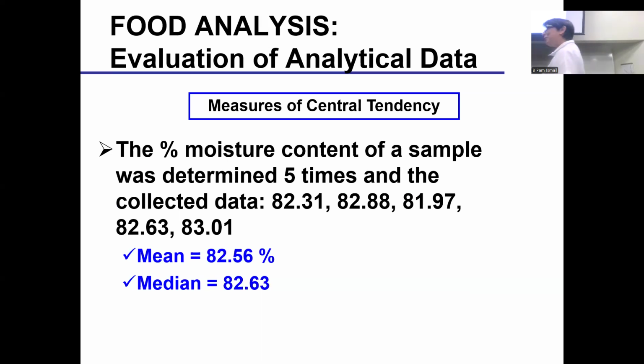So we all know how to calculate an average. That's great. And the median is the number that is in the middle. And if you have an even number, do you know how to get the median? If you have an even number of replications? Yes, Emma? Average the 2 in the middle?